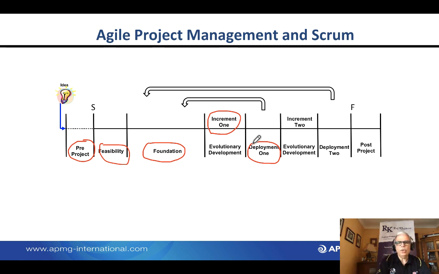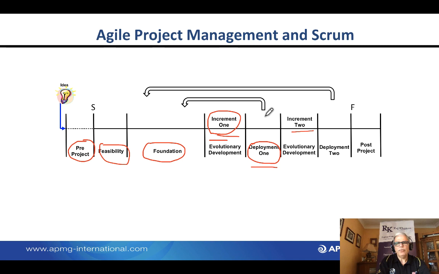So the traditional waterfall way will say we deliver, we review, we deliver, we review, we deliver. Whereas with incremental delivery, which is what Agile and Scrum are based on, we deliver something and get people to start using whatever we have delivered.